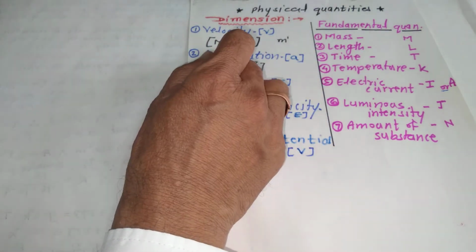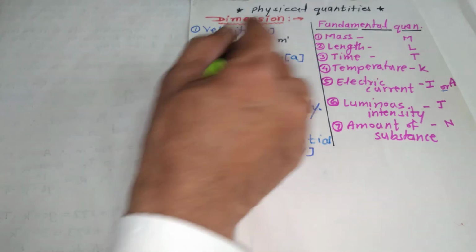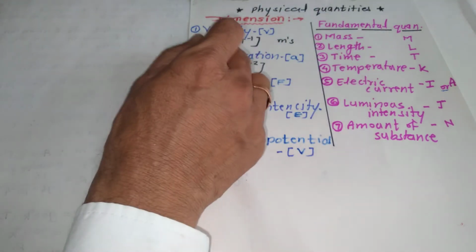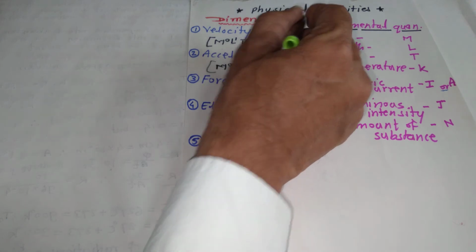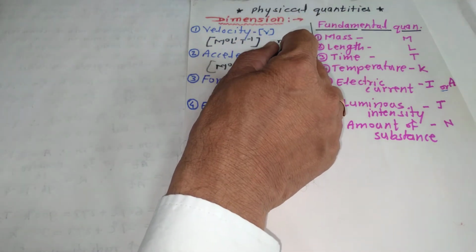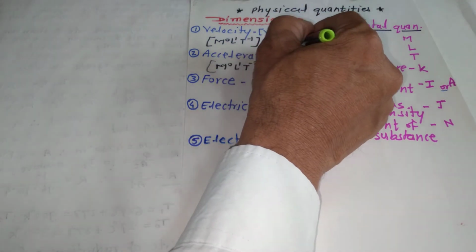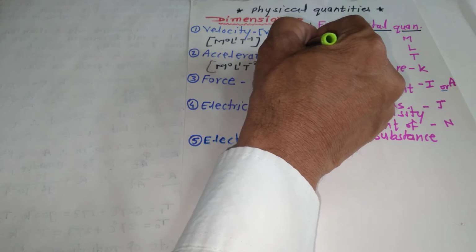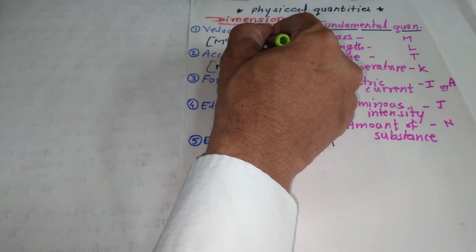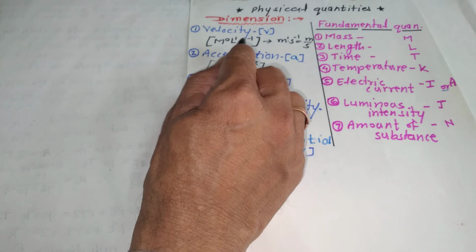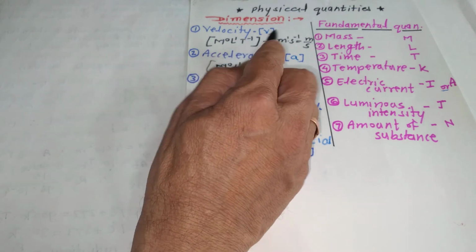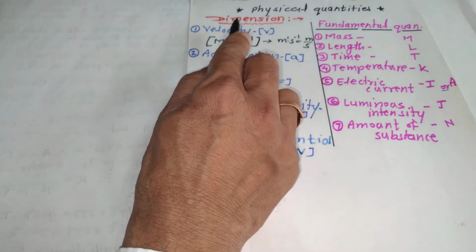Similarly, time is measured in terms of second, and second with its power as minus 1. Therefore, meter per second. This is how I can say that with the help of dimension, I obtain the unit of the given quantity.